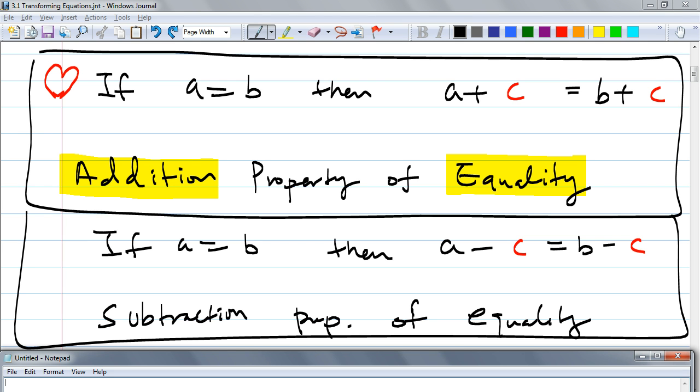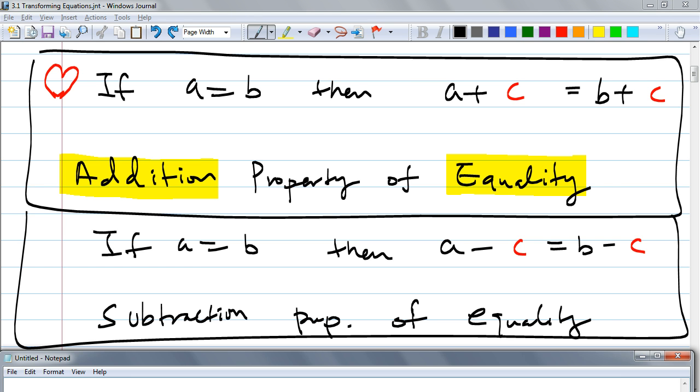Alright. Now, can somebody guess then what my next property of equality might be? I have the addition property of equality, the subtraction property of equality. Okay, yes sir. Multiplication property of equality. Can somebody guess what it might say? Anyone?